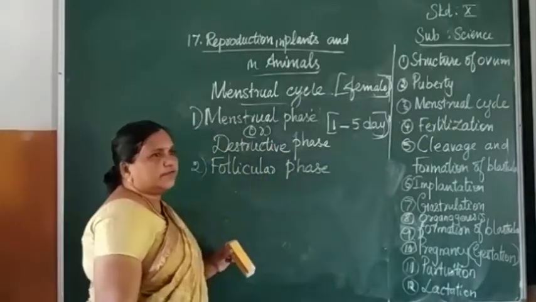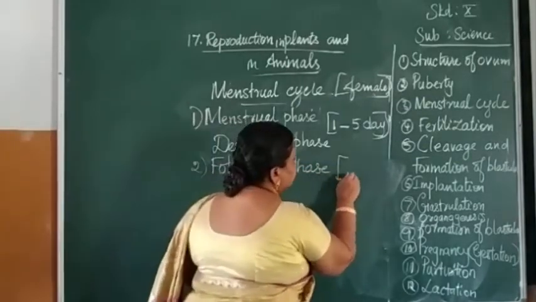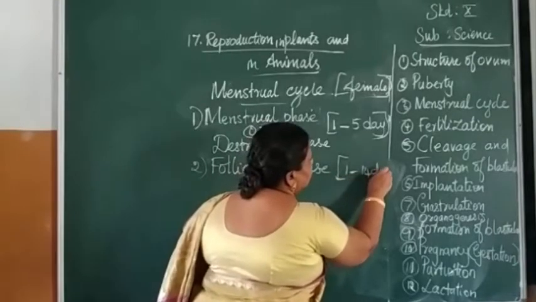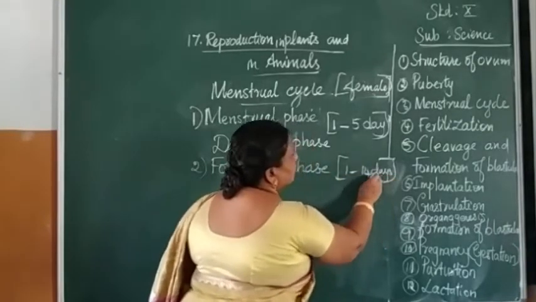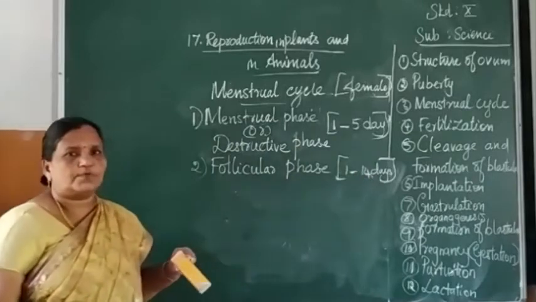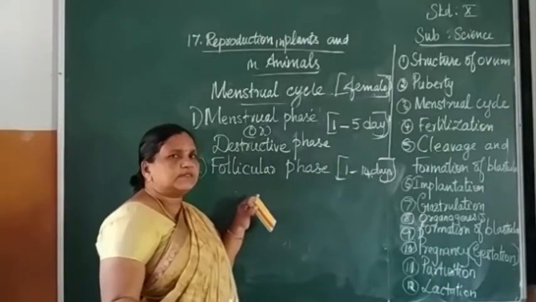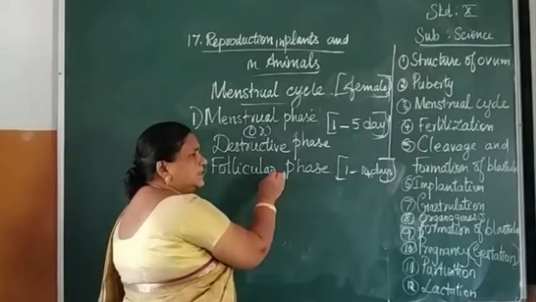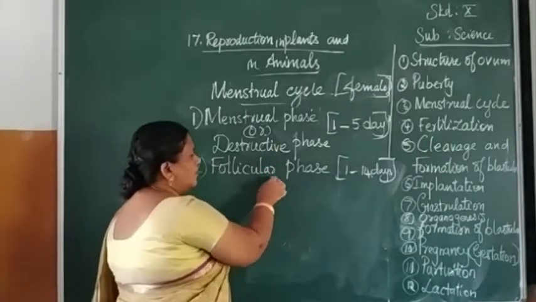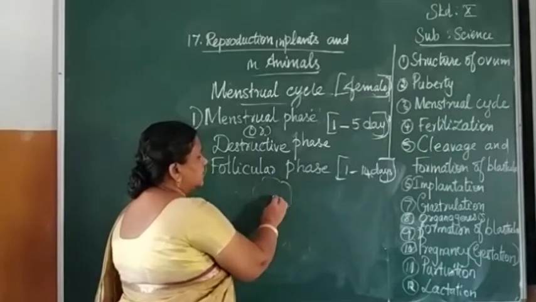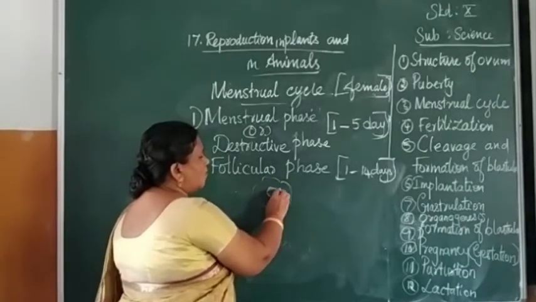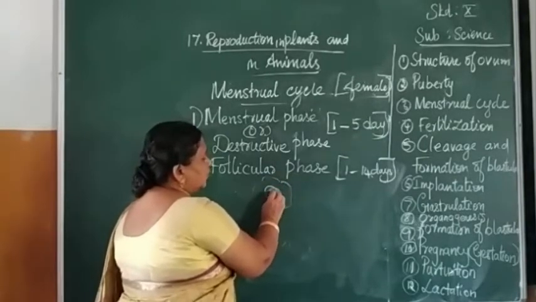During this follicular phase, from the 1st to 14th day, the follicle cells will be formed. On the interior side, the follicle cells surround the ovum, and the ovum is present inside with the nucleus.